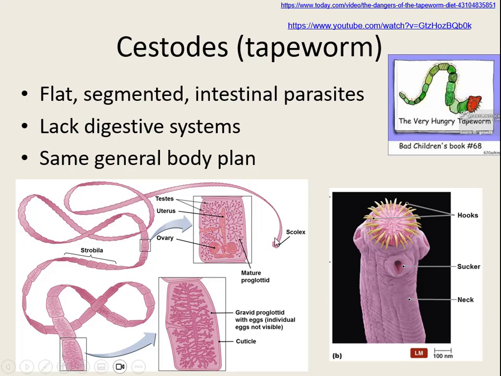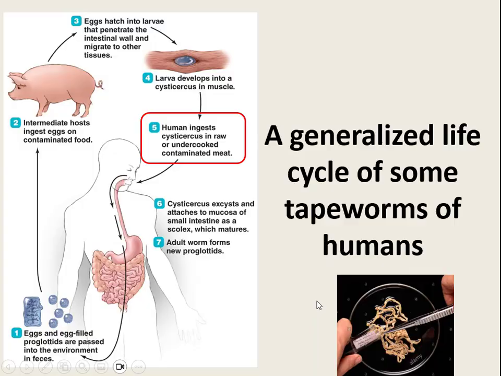The proglottids all start at the scolex, and they're formed up here, and then as they go down, they grow and mature. Each tiny little segment has both male and female parts, so it's constantly fertilizing itself, constantly laying eggs with every single section. Every tiny little section is laying eggs.